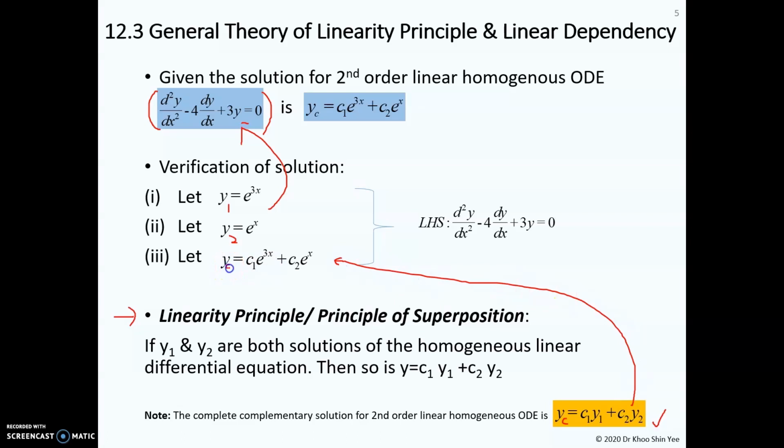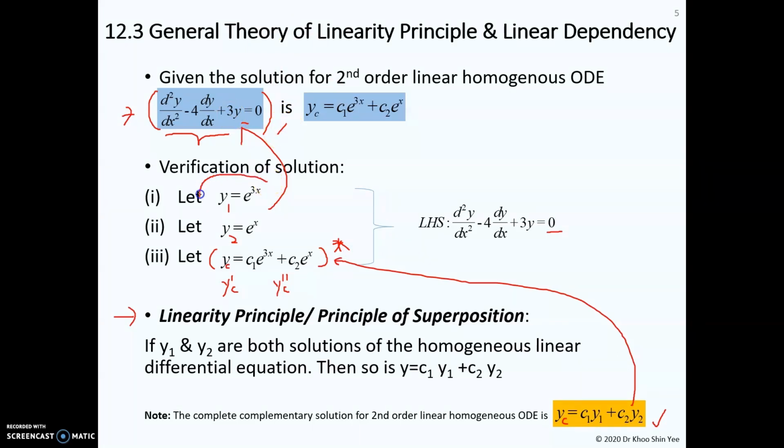To verify this is the true solution for this second order ODE, you can find the y prime and also the y double prime and then substitute inside the left hand side. After you compute, you should obtain the left hand side equal to your right hand side, which is equal to 0. With that, you obtain the total complementary solution for this second order ODE.